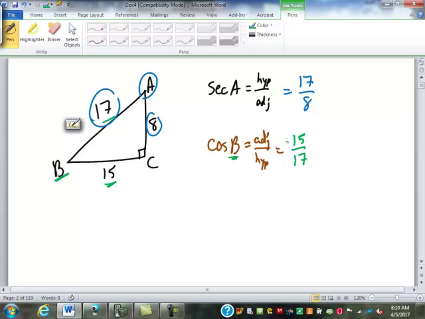So you have to be careful when we're doing these from a triangle that you identify which angle it is that we're working with. When we're working with angle B, this is the adjacent side. When we were working with angle A, well, the 8 then is the adjacent side. So the adjacent and opposite sides depend on which angle we're looking at. So make sure you take your time and are careful with those.